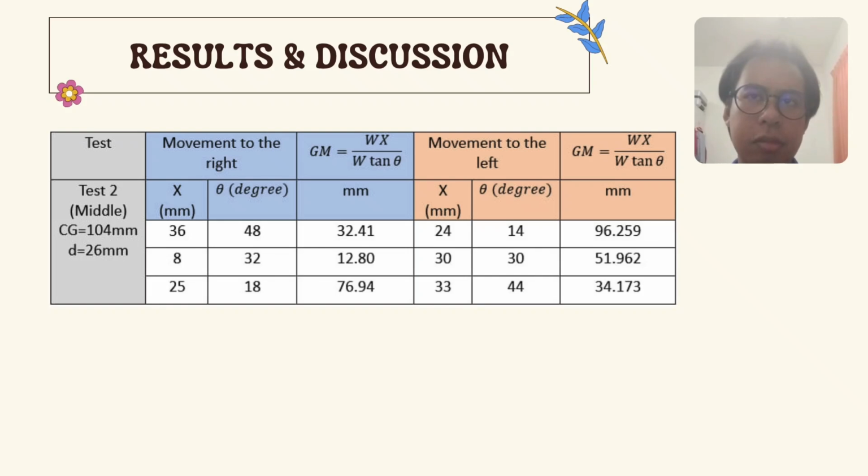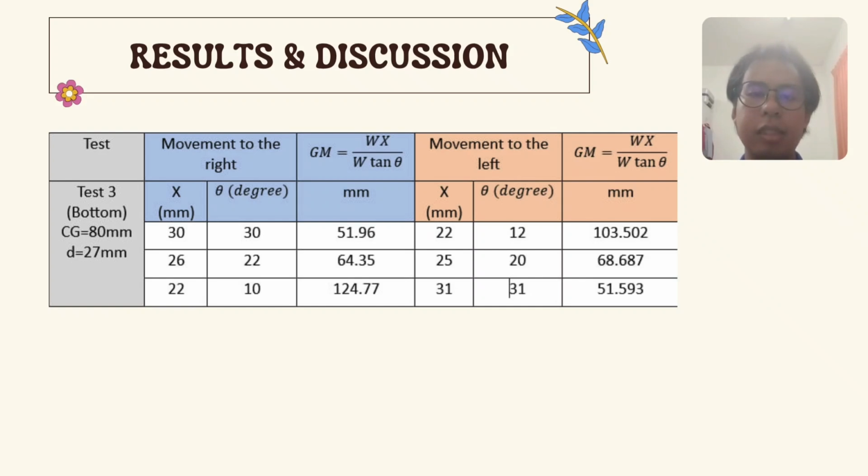This configuration proved most stable at moderate angles between 15 to 45 degrees, making it suitable for applications expecting regular control disturbances. The increased left side stability suggests possible weight distribution effects worth further study.